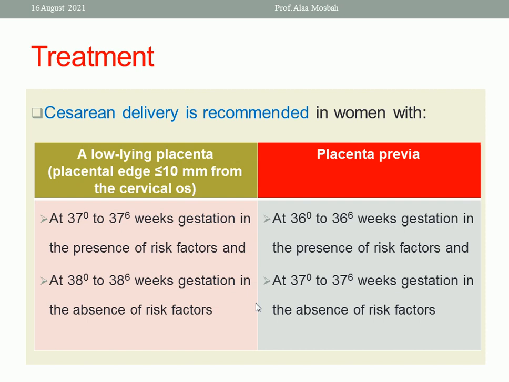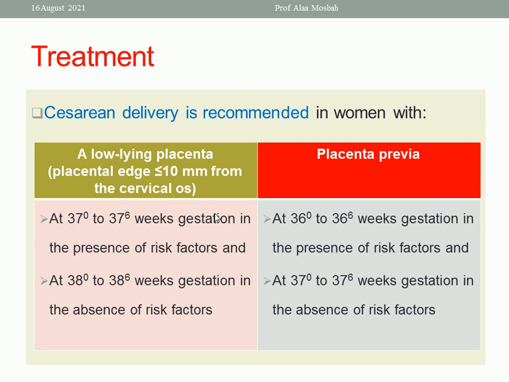So the recommendation for a low-lying placenta, placental edge equal to or less than 10 millimeter from the cervical os, is to be delivered between 37 to 37 plus 6 days gestational age in presence of risk factors.